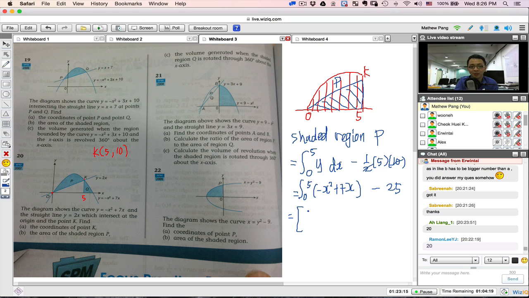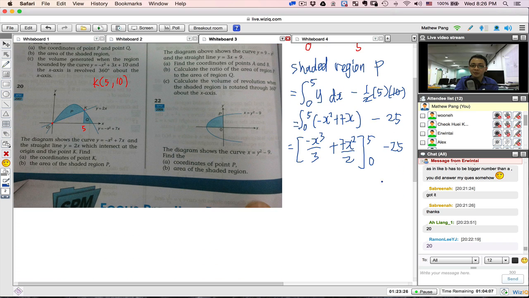This one will be negative x cubed over 3 plus 7x squared over 2. And this is 50. This is minus 25. Then I just substitute the 5 into here. It will be negative 125 over 3 minus 25. 25 multiple 7.